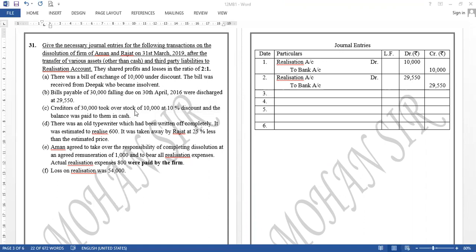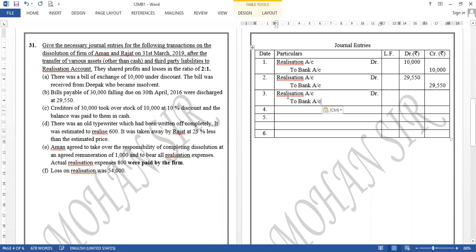Are we going to write any entry for stock taken over by creditors? No, sir. Because when assets and liabilities are adjusted against each other, no entry is made. The amount is right, 9,000. So out of 30,000, 9,000 worth of stock has gone, meaning the value of creditors has reduced by 9,000. How much is the balance amount? 21,000. We need to pay that, right? And the entry is realization to bank, and the amount is 21,000. Keep this in mind.